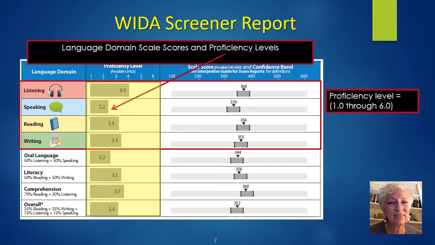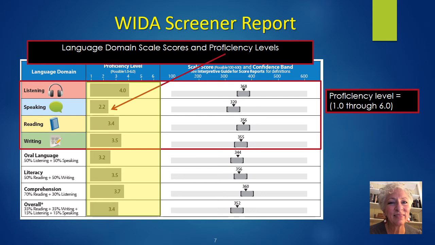Below you have what we would call a composite score, and this is often the only score that people talk about overall, because this will be the score that's used to determine whether the student is eligible for services. But you can see that there's a wide divergence in the individual scores that belies what the composite score is reporting.